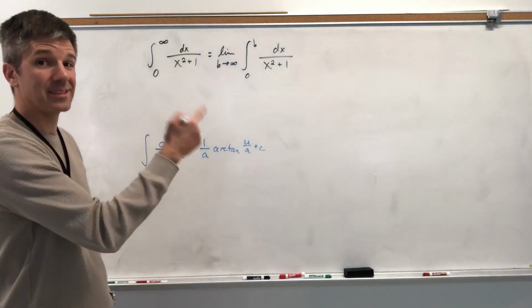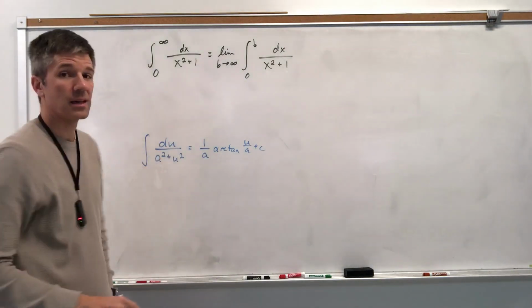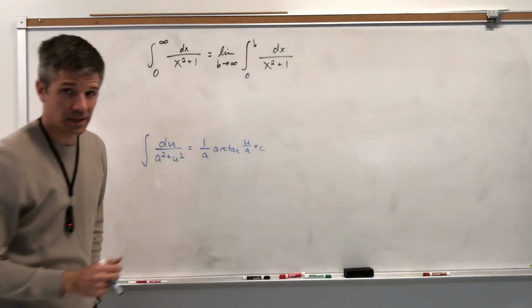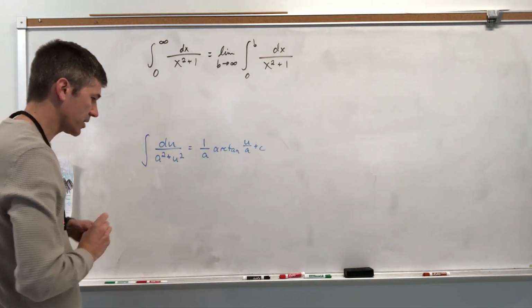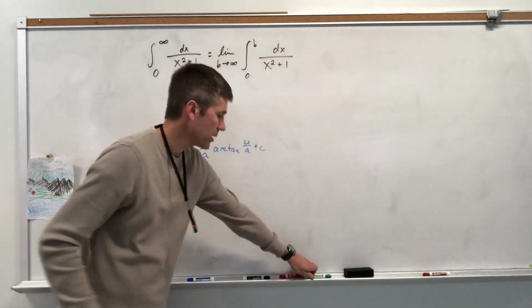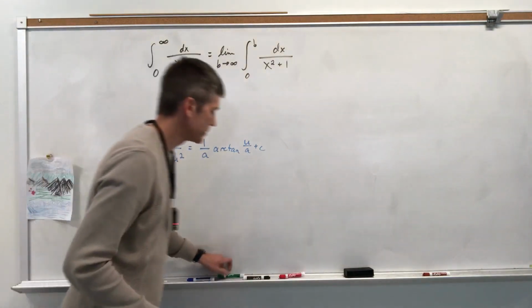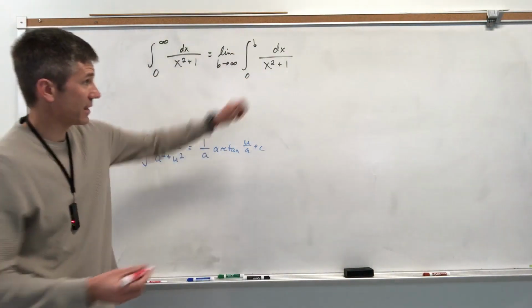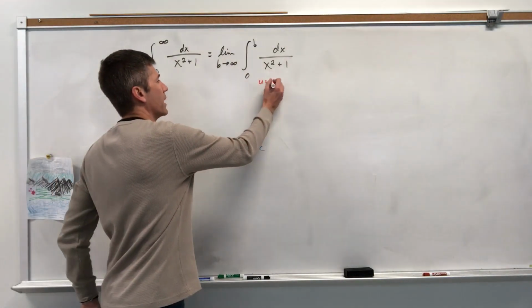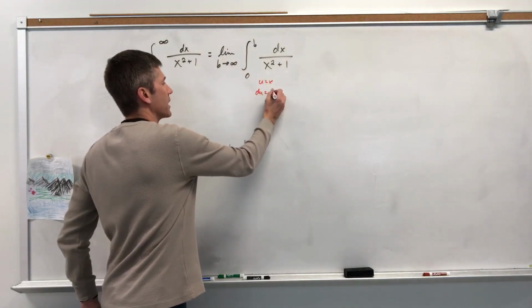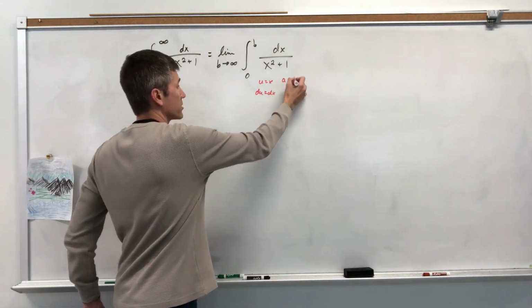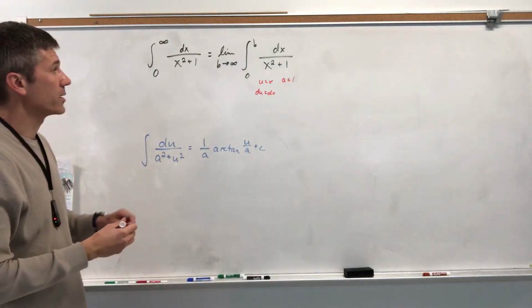This is going to be a definite integral, so I will not need a c, but this structure is this, which means u, being the function, is x. So u is x and du is dx. And a is 1. A squared is 1, so a is 1. And u squared is x squared.